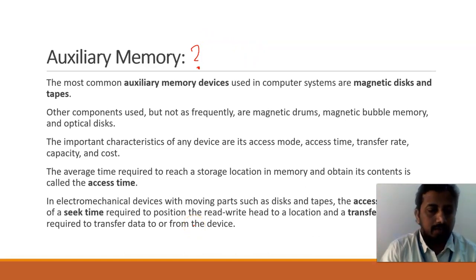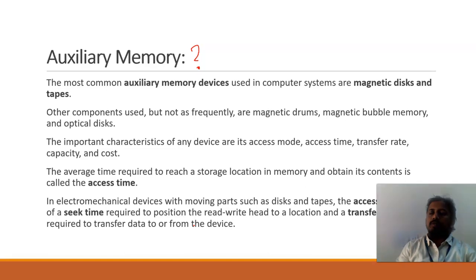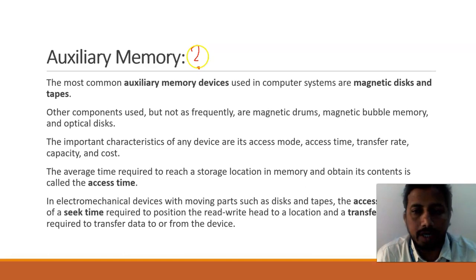Let's say in between carrying out CPU operations, cache memory is being used, and main memory is also used. But to store data additional to the data which is there in the system, we require separate memories. So the most common auxiliary memories, like magnetic disks and magnetic tapes, are the devices which are externally taken into consideration, which store the data.